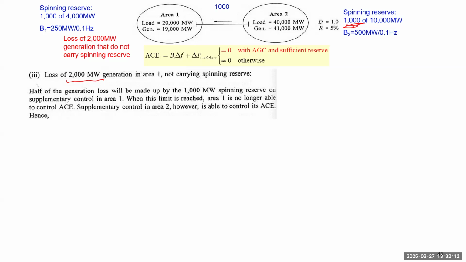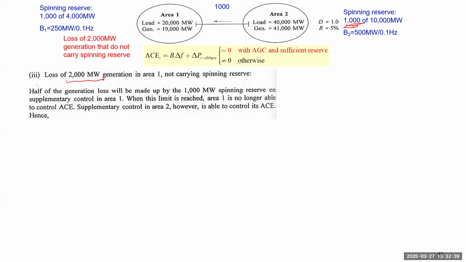Area 2 has 1,000 megawatt spinning reserve, and they use all of the spinning reserve to make up the loss in area 1. So during the process of increasing the generation in area 2, it never reached the limit. It only reached the limit at the end, which means during this entire process, area 2 is completely functioning in AGC control.